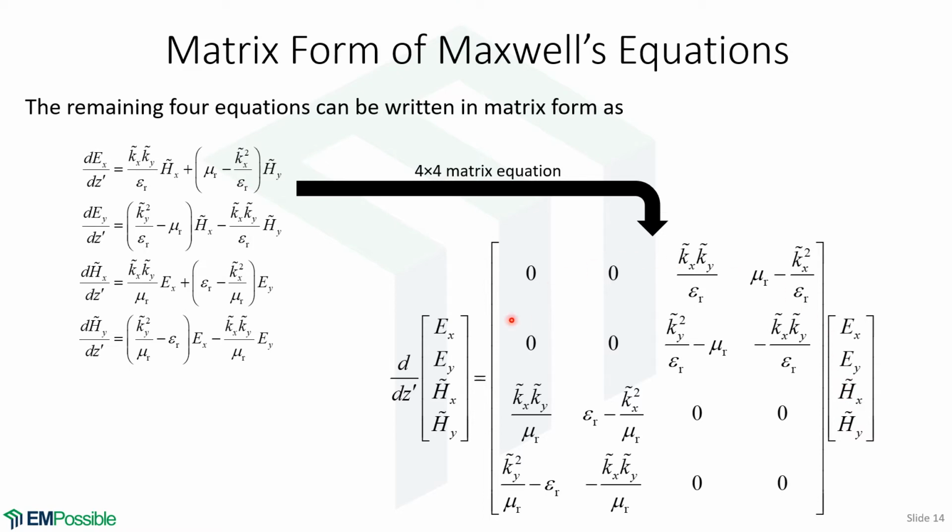And here's all of the coefficients that came from those 4 equations, and they collect here. Notice this is a 4 by 4 matrix. Thus, we call this our 4 by 4 matrix equation. This is the equation we will solve to calculate the electromagnetic modes, or the waves that exist inside of this homogeneous medium. But that is the 4 by 4 matrix equation.